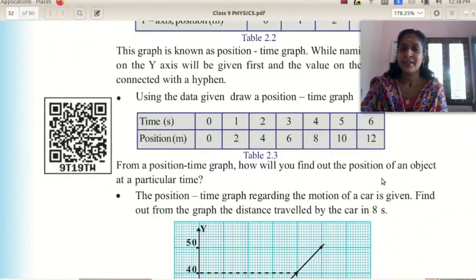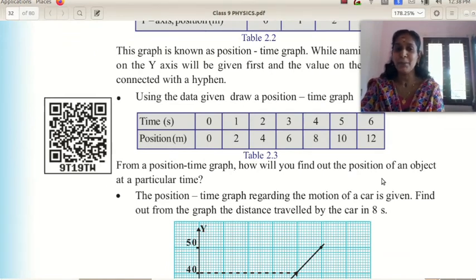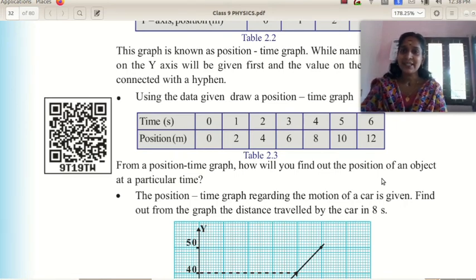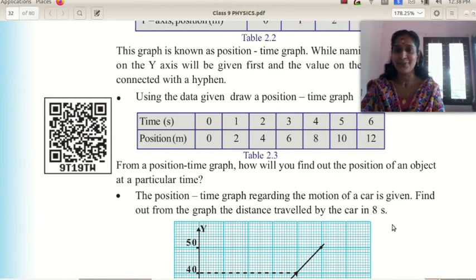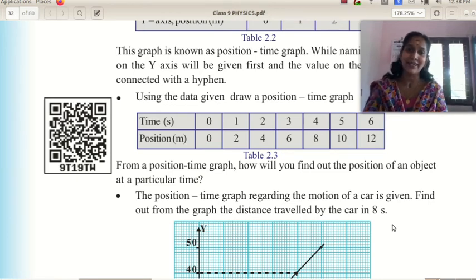Next, we are going to find the position of an object at a particular time. For example, if it is a car, you can consider it your fan's car. The position diagram regarding the motion of a car is given. I think you have so many fans, related to films or to playing cricket.